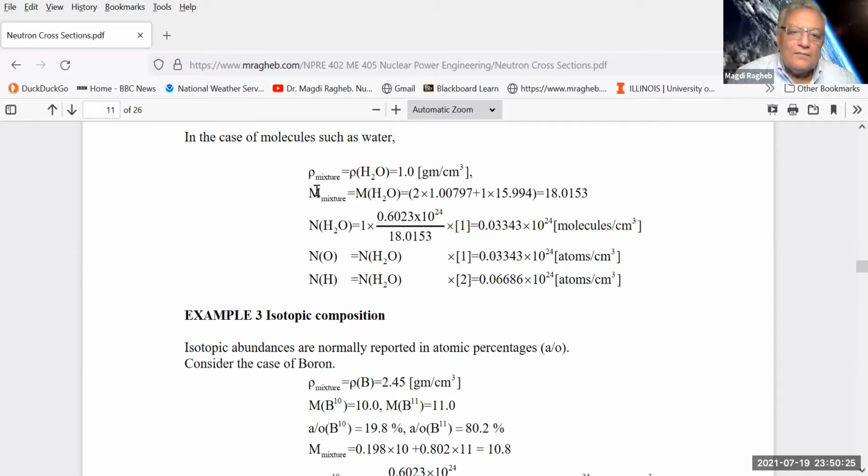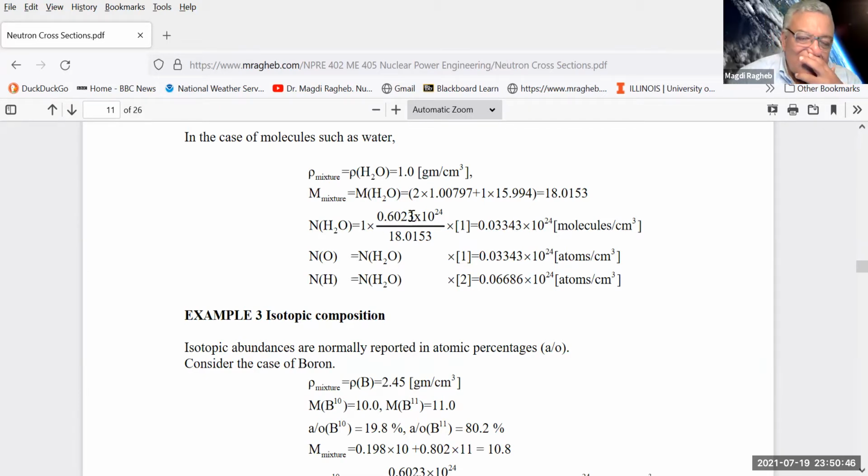So the mass of the mixture is 18. And all you do now is take the density of the mixture, the density of the water here, multiplied by 0.6 times 10 to the 24. This is Avogadro's number.